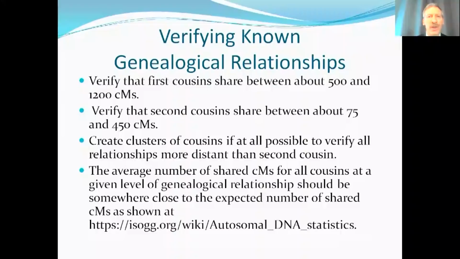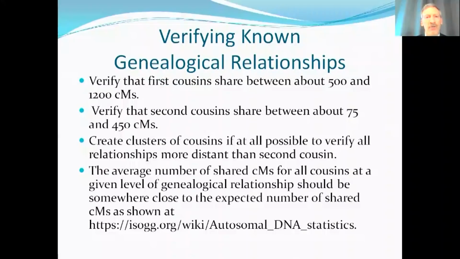Because in some cases, there will be non-parental events that have occurred, either through illegitimate births or adoptions, that result in an unexpected amount of shared DNA. And you can pick this up, particularly at the first cousin level of relationship or more closely. At second cousins, it sometimes is a little more challenging to spot, but you should be able to see that if you get enough second cousins tested.